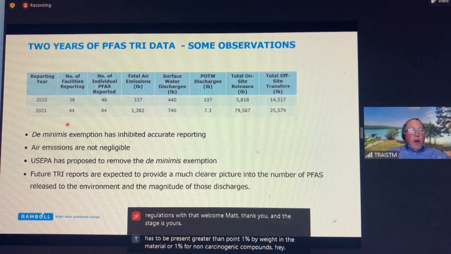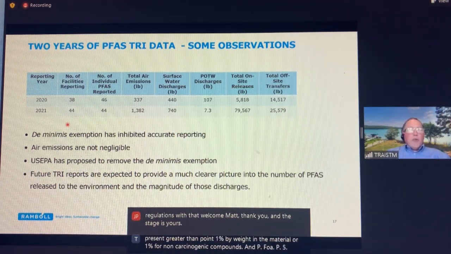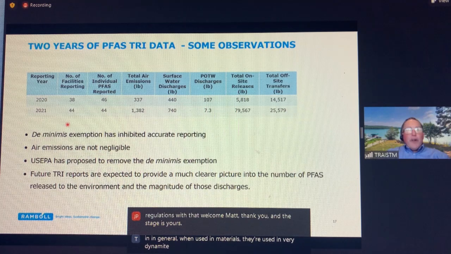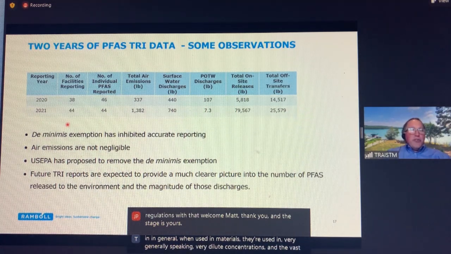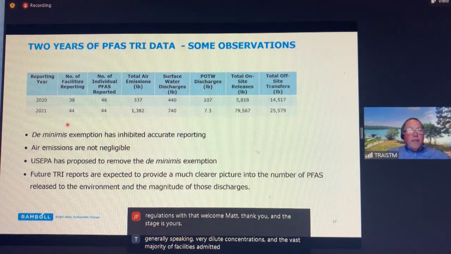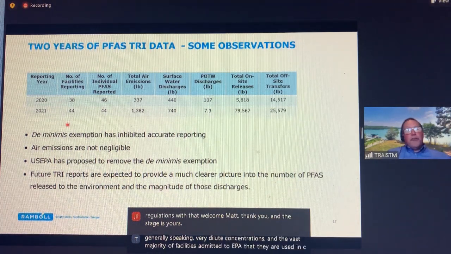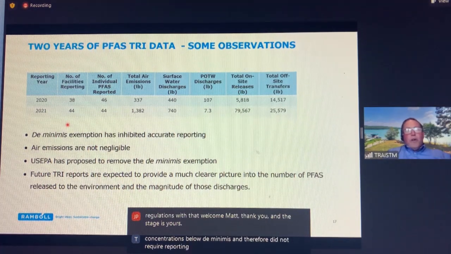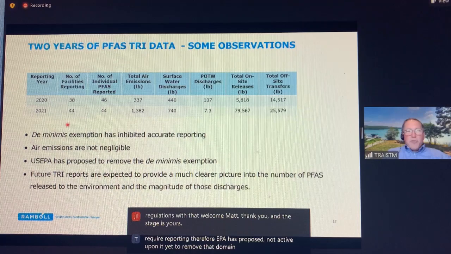And PFAS in general, when used in materials, are used in, generally speaking, very dilute concentrations. And the vast majority of facilities admitted to EPA that they are used in concentrations below de minimis and therefore did not require reporting. Therefore, EPA has proposed, not acted upon it yet, to remove that de minimis exemption.